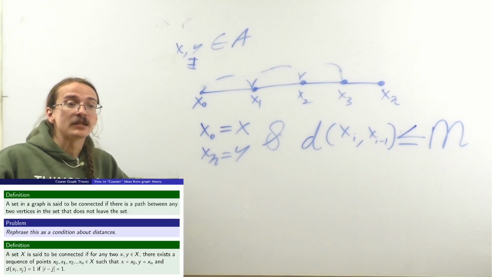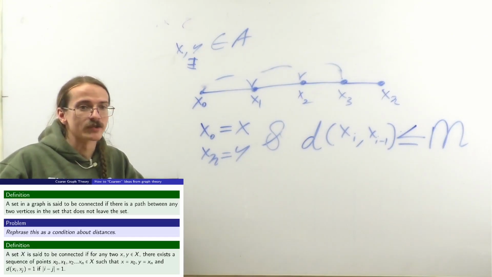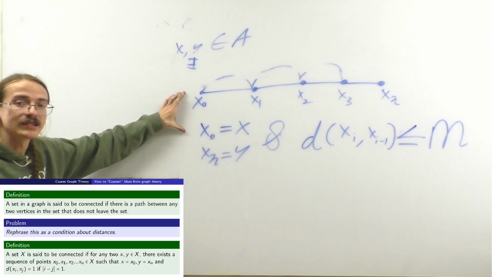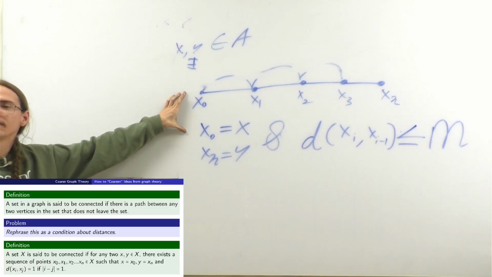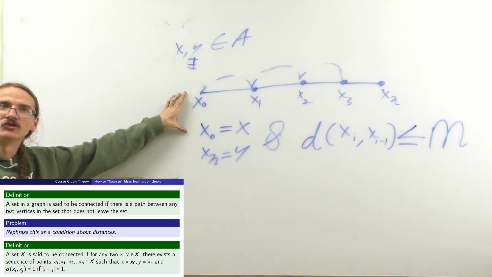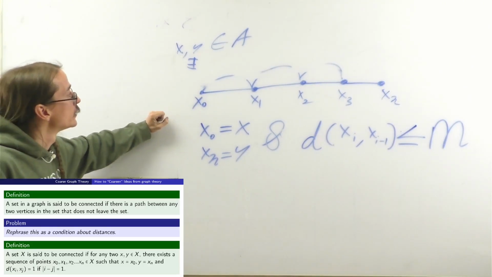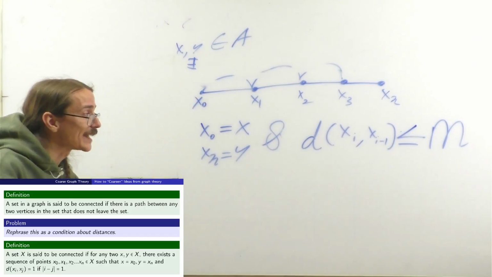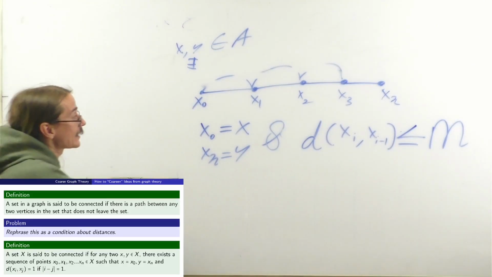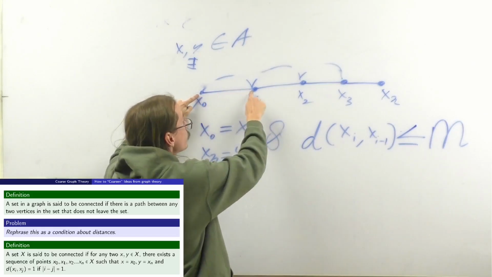The notion of M-connected we now define much more rigorously. We're going to take that discussion we had and turn it into a definition. So take a set. We're going to say that set is M-connected if I can find a sequence of vertices.